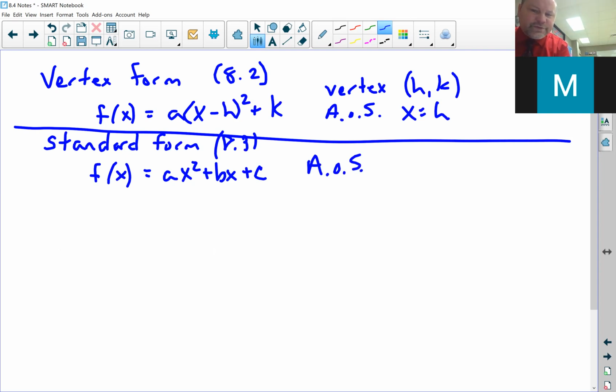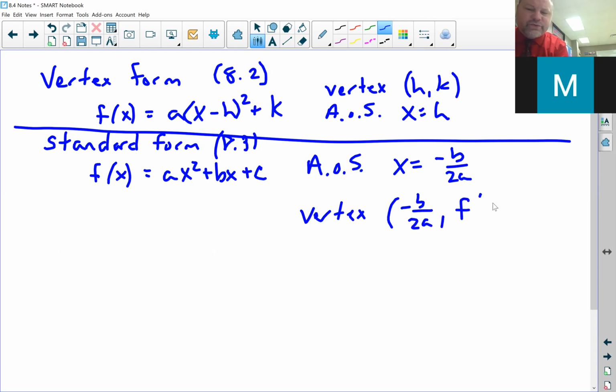The axis of symmetry is the opposite of b over 2a, and then the vertex, the opposite of b over 2a, and then whatever value we get when we plug that value into our function. The other thing that we know about when we're in standard form, we know what the y-intercept is.